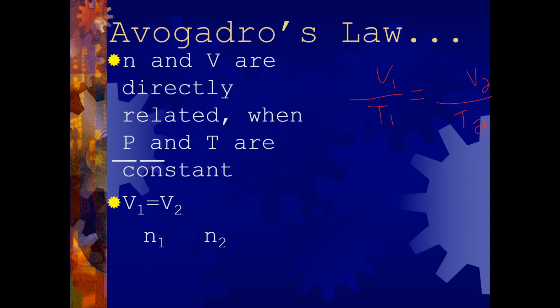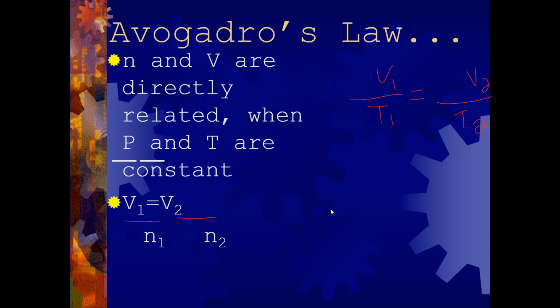So when you write it, it would be V1 over N1 is equal to V2 over N2. So just remember it's over and over here. For some reason, it keeps moving on me. I don't know why. When I save it, it just moves again. So let's look at the next one. I forgot Avogadro's law was in the middle here.